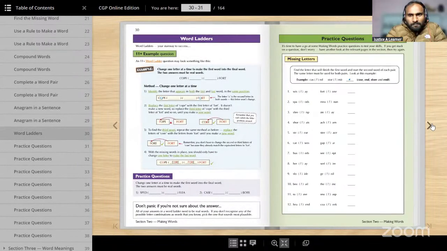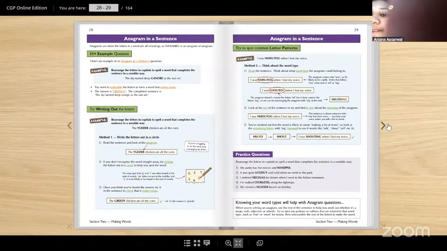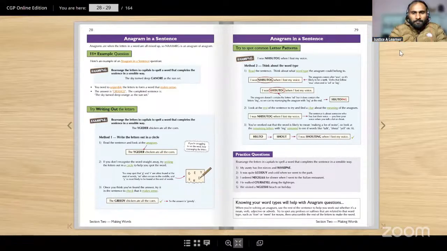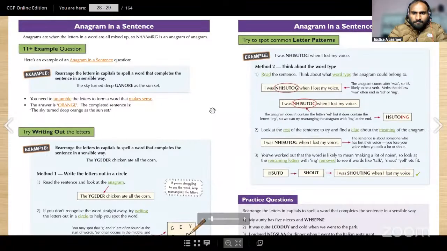Hmm. Yes, this is hard. Very hard. Okay, so let's go with it. Is it visible? Yeah, one second.